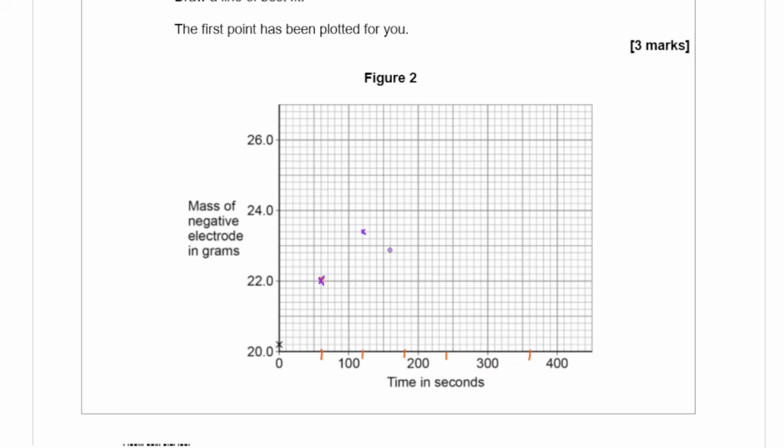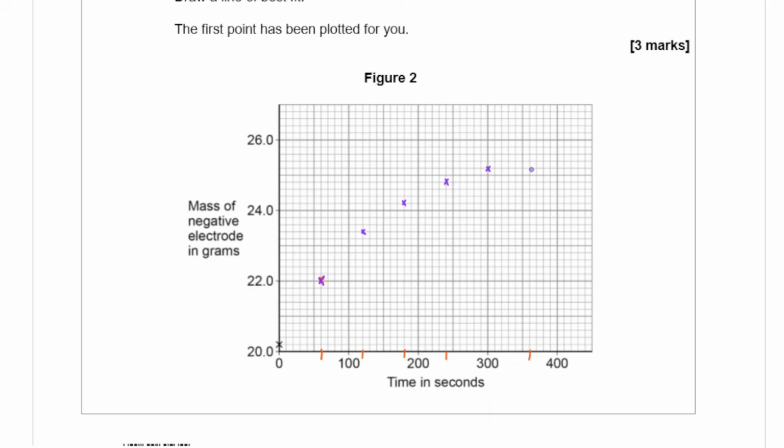And 180 is 24.2. 24 and 24.2 is over there. And 240 is 24.8. And 300 is 25.2.